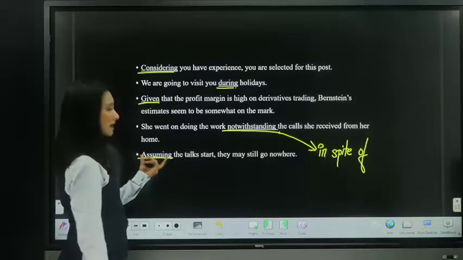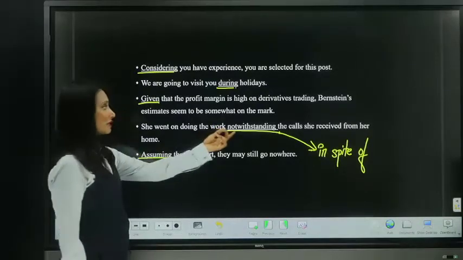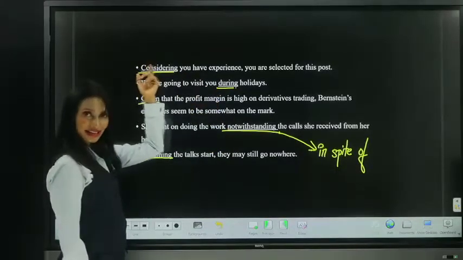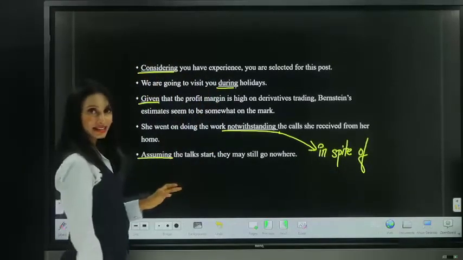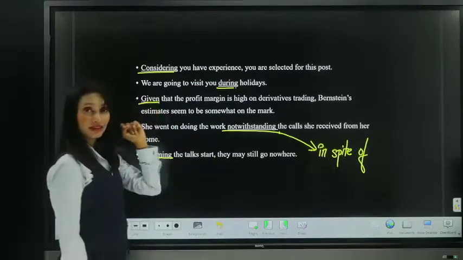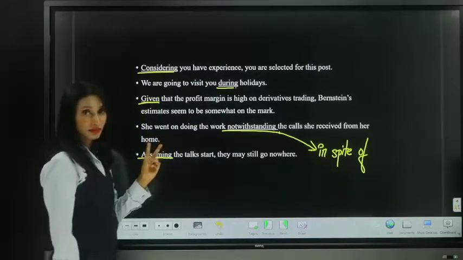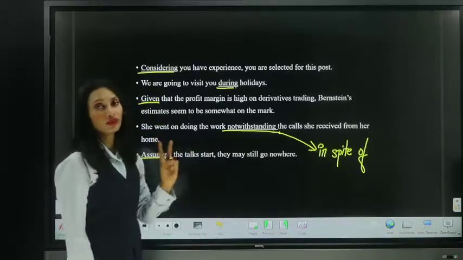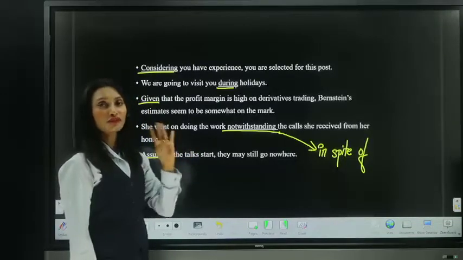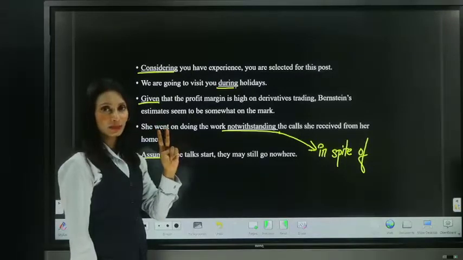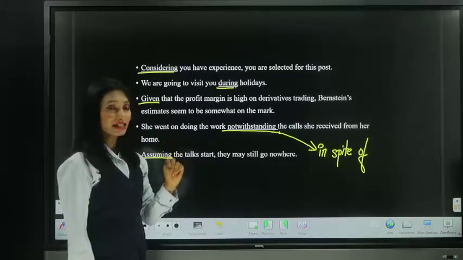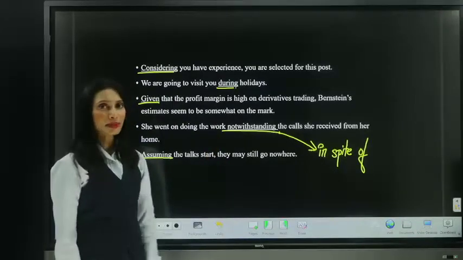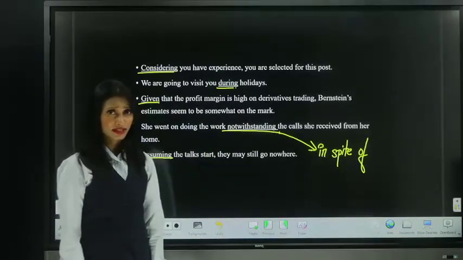So assuming, notwithstanding, during, considering, here V4 is acting as a preposition. Given, V3 past participle, is acting as a preposition. So if V3 and V4, past participle and present participle, act as prepositions, they are called participle prepositions. I hope it is clear, guys.